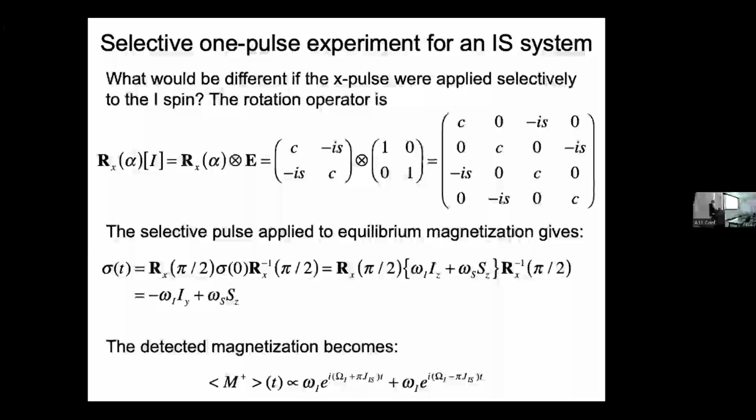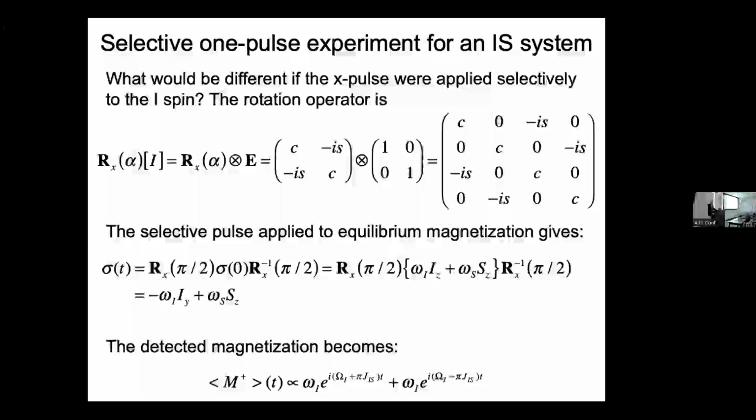But it could be, if we're doing a hydrogen experiment and N15, we could tune the pulse to either be resonant with the nitrogen 15 or with the hydrogen, so that if we're resonant with the hydrogen, we'll rotate the hydrogen magnetization, but the S spin magnetization stays on the Z axis. And those are separated by hundreds of megahertz. We can't really generate a pulse that would rotate them both at the same time.